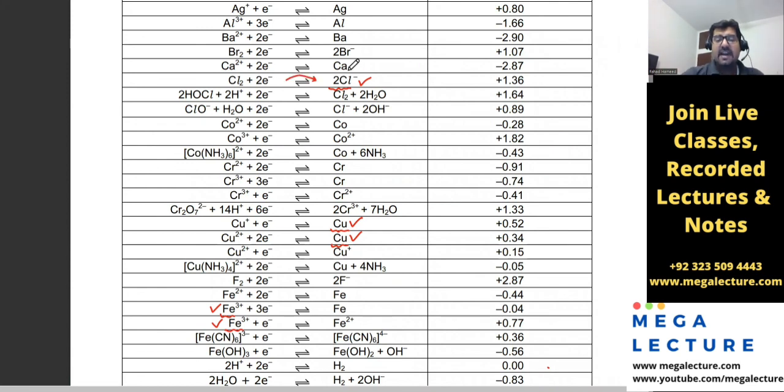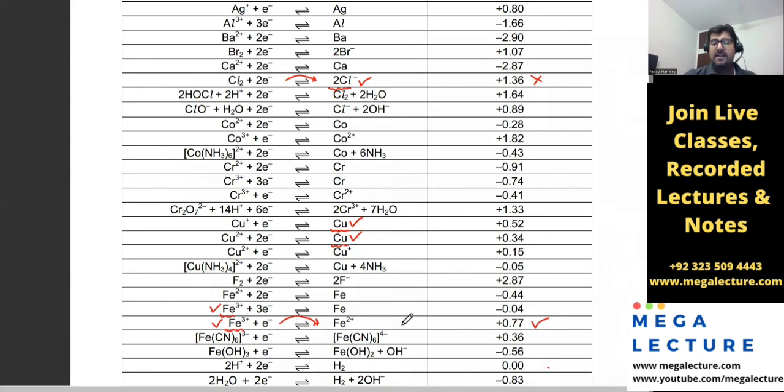But it's not my reactant that is gaining or losing electrons, it's someone else. So I'm going to cut that out. Ignore that. Out of these 4, who's the highest potential? That's coming out to be 0.77. So this is the one that's going to gain electrons. And you can clearly see it's one of my reactants that is gaining electrons. That makes sense. So I figured out who gains electrons.